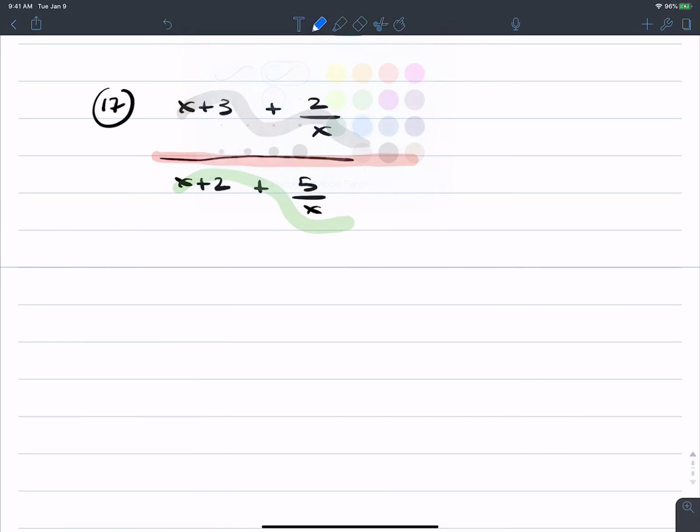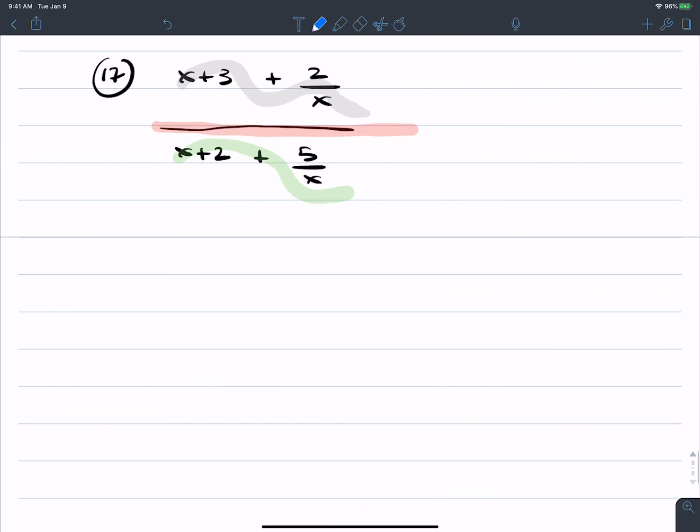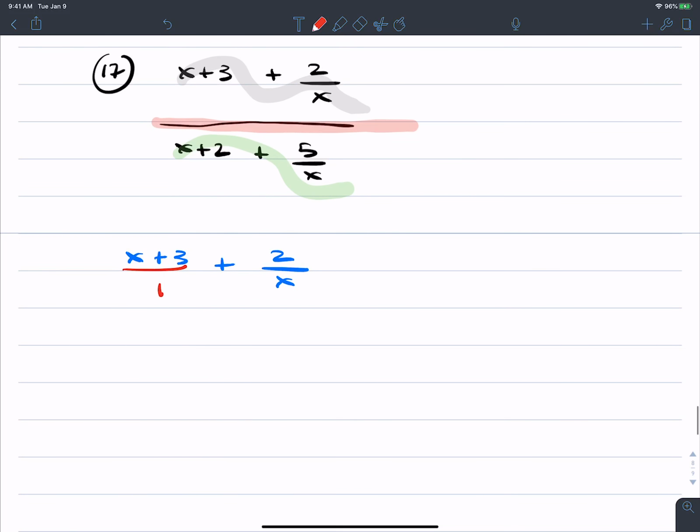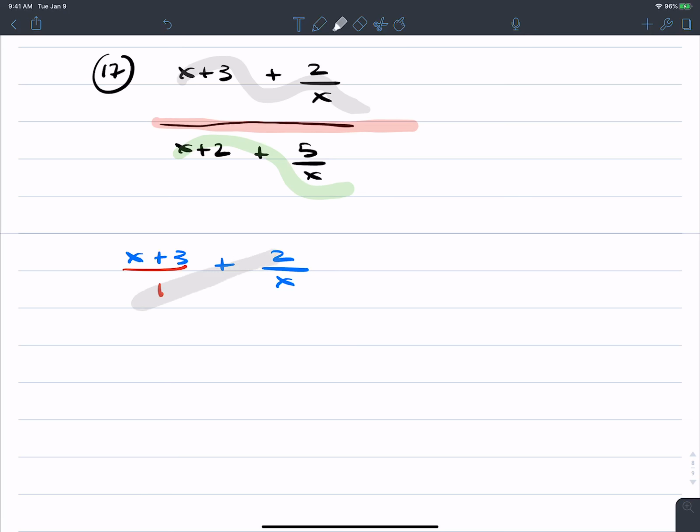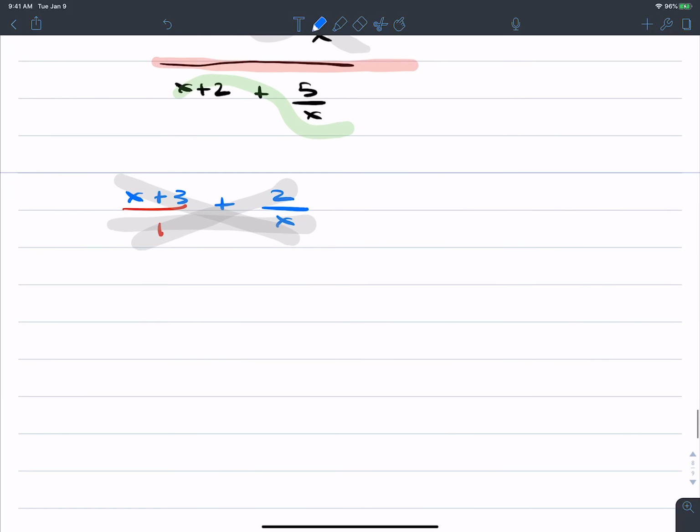So let's do some work here. x plus 3 plus 2 over x, and then this here is over 1. So our shortcut of cross multiplication, that's diagonal, then multiply the denominators. This will be helpful.